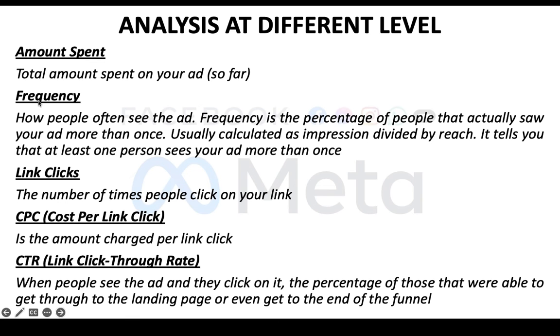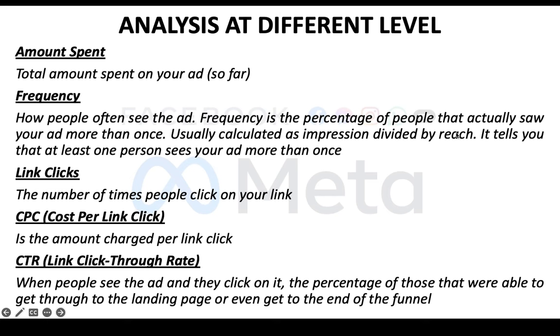Frequency here is how often people see the ad. You understand? Frequency is the percentage of people that actually saw your ad more than once. It is usually calculated, like I said earlier, as impression divided by reach. It tells you that at least one person sees your ad more than once. You understand?